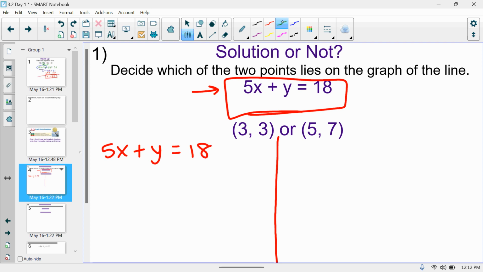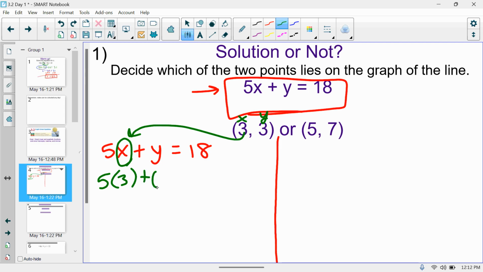So what we're going to do, remember in an ordered pair how x comes first and then y? So what we're going to do is in place of this x, we're going to substitute the number 3. So we're going to write it like that because remember whenever we substitute a number where a letter was, we got to put it in parentheses, right? Then we have our plus sign.